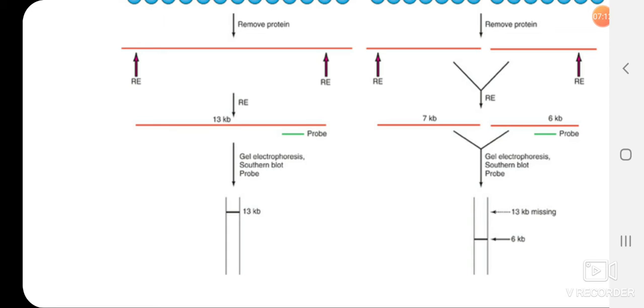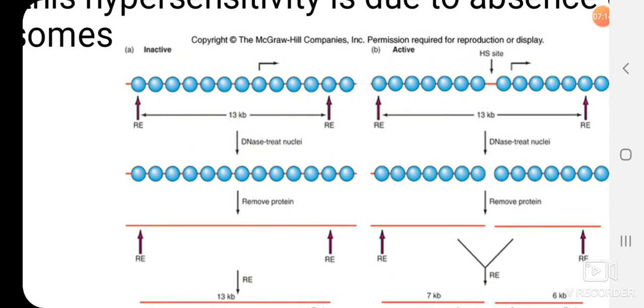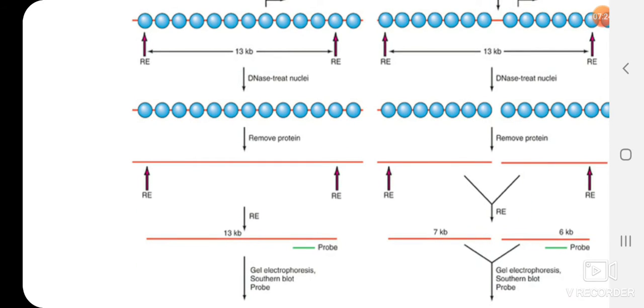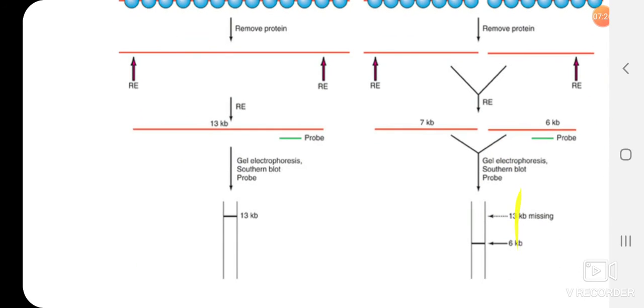That indicates that the mini chromosomal DNA with the nucleosomes was involved in the process of transcription. Because of that, there was creation of a DNA hypersensitive region, which got acted upon by the restriction enzymes and cleaved the particular fragment into 6 kilobase pair and 7 kilobase pair fragments, and the 13 kilobase pair fragment was missing.